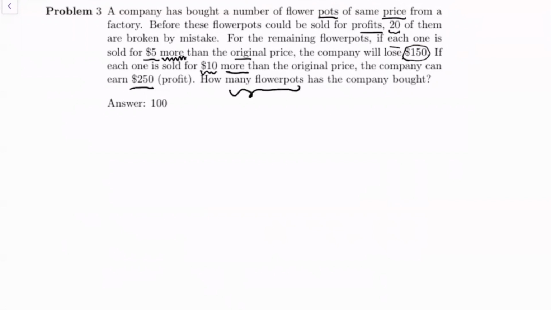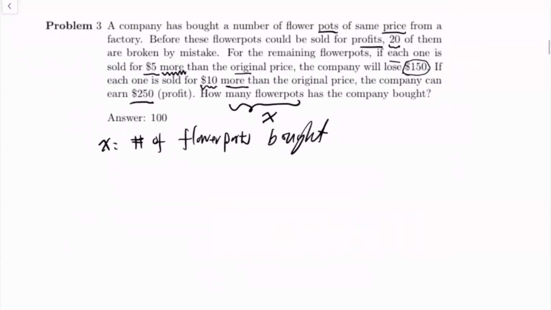Again, let's use a variable. Let's say it's X. X is the number of flower pots bought. But the problem says 20 of them were broken before they could be sold for profit.